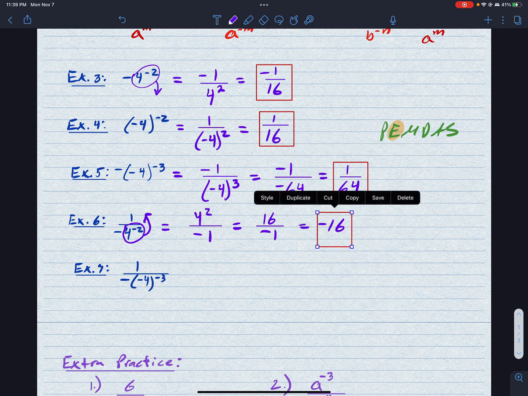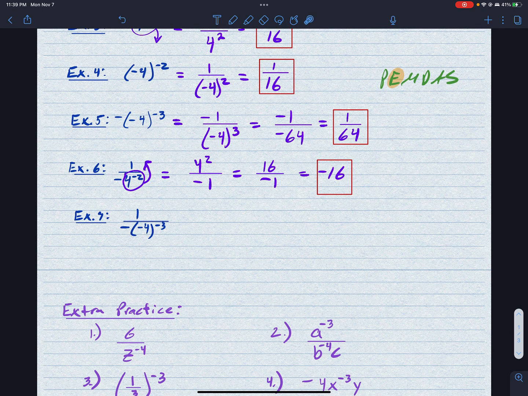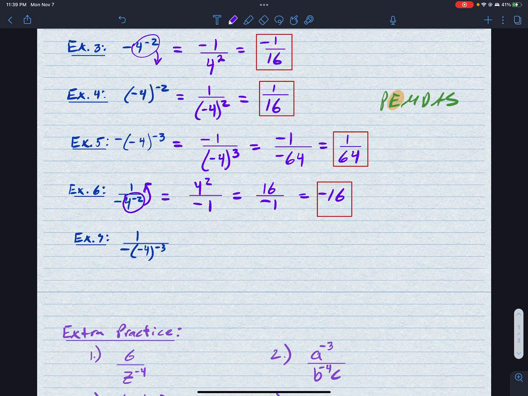All right, rolling right along. Another similar problem. Again, all these problems dealt with 4 and negatives and exponents on those negatives. In this case, we have the negative 4, all in parentheses, raised to a negative 3. So it's going to shift up.